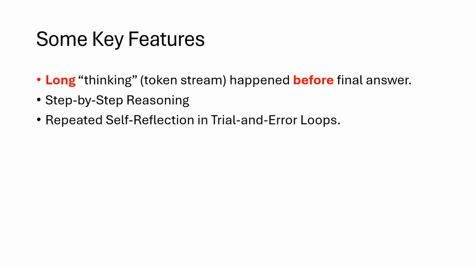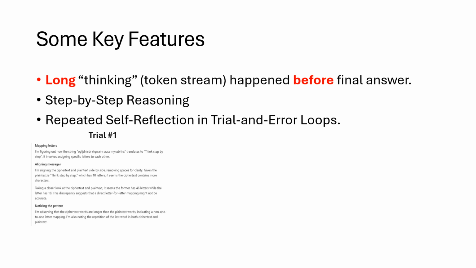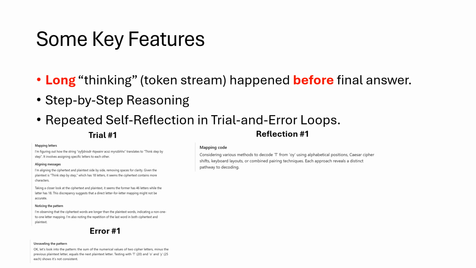Also, if we take a look at what O1 actually did in these 54 seconds, we see that there are many repeated self-reflection and trial-and-error loops. First, it tries to decode this string using one way, and then it finds this decipher method doesn't work, and then it does some reflection.